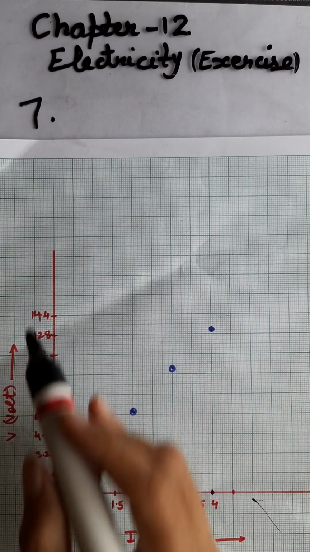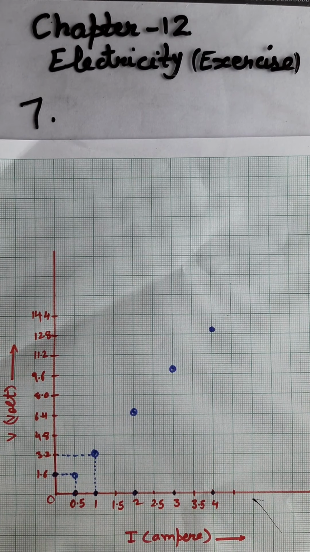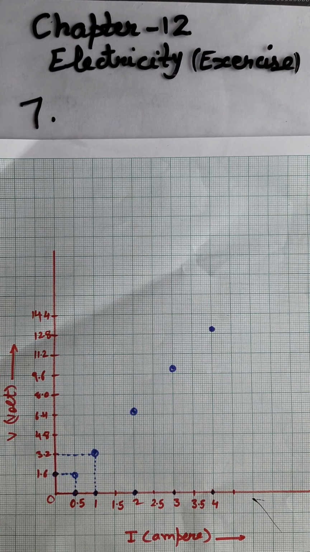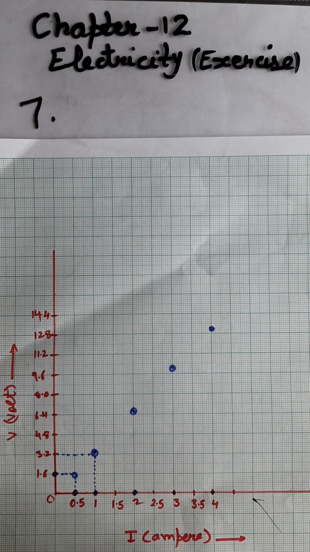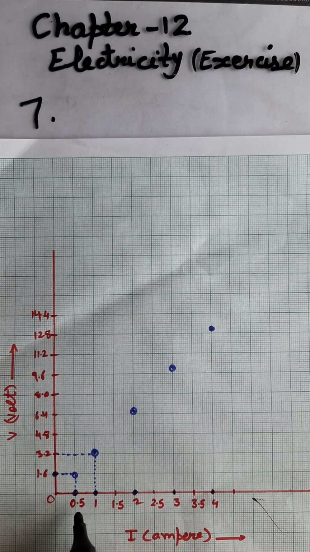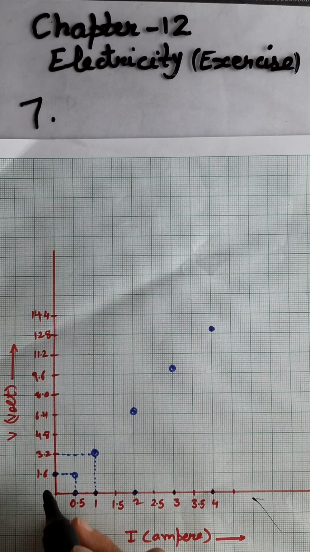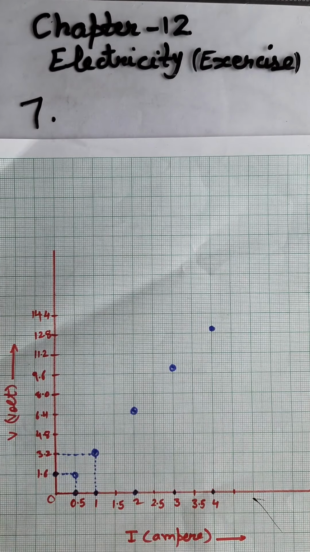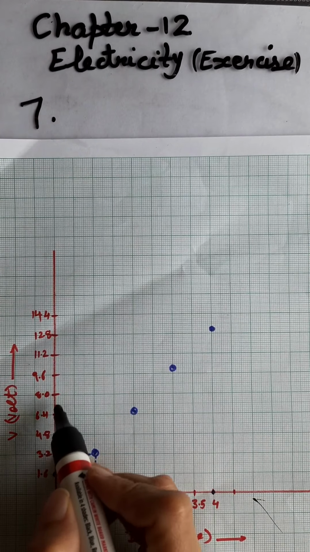So beta, I have plotted this V and I on this graph paper. You can also use graph paper, or if it is not available, then you can use a simple paper. So this is current. We have marked here 0.1, 1.5, 2 and so on. And on the y-axis we have taken potential difference 1.6, 3.2, 4.8 and so on.